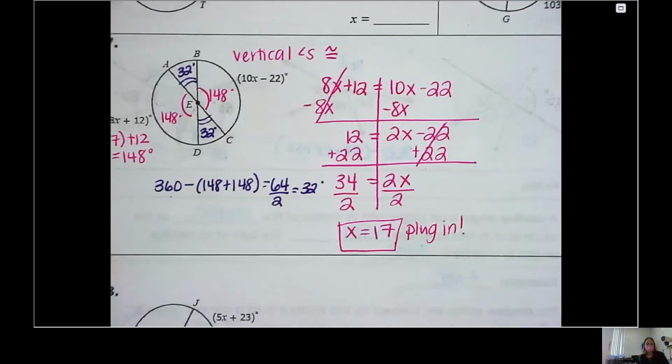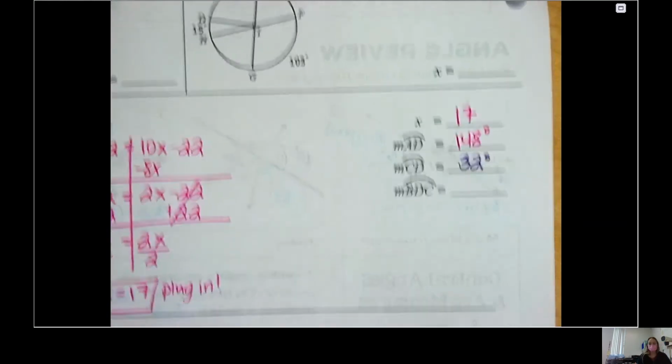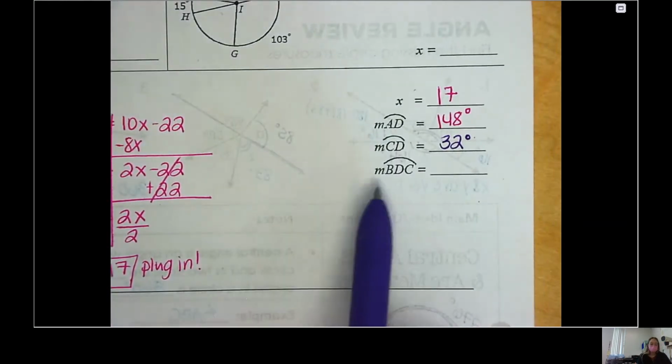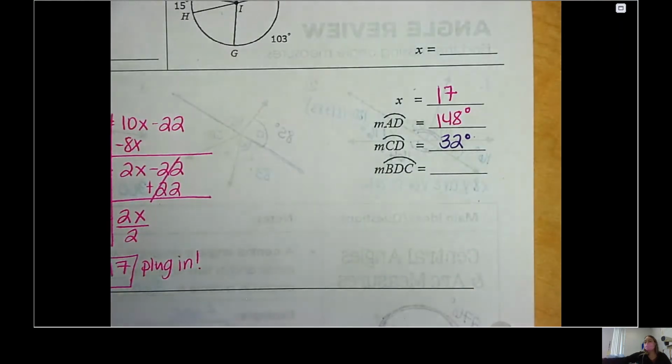The measure of arc CD is 32. Again, those are both minor arcs. They should be less than 180. And our last one's the measure of arc BDC. It's 3 letters, which means it's a major arc.